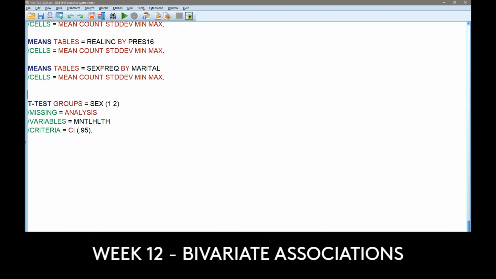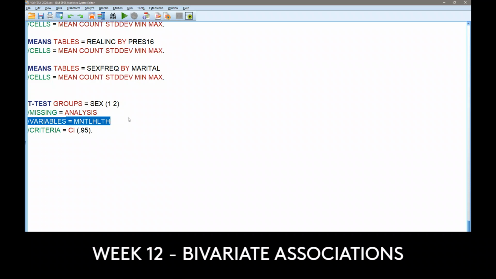So the code here is t-test groups equals the name of the variable, and then in the parentheses you want to specify the values of both categories. So if we were to run a codebook for sex, we would see that 1 is labeled male and 2 is labeled female. So we are just denoting that for the t-test. Missing equals analysis. Variables equals mental health, which is the continuous measure.